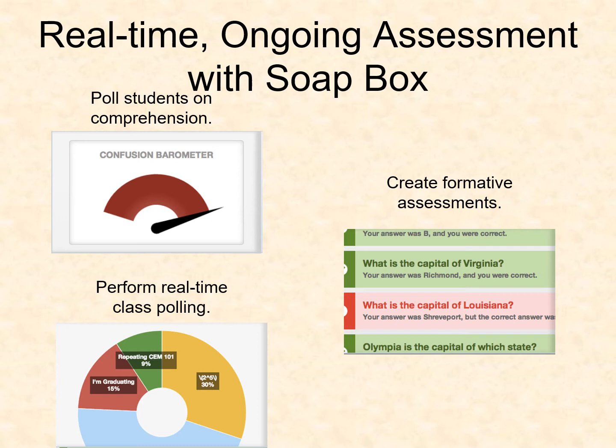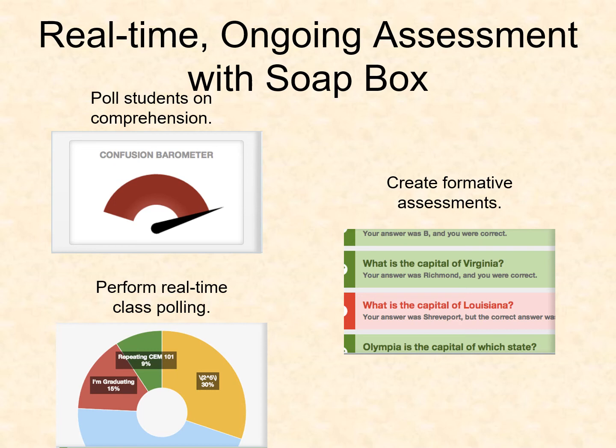On the low end, because all these things you could turn on and off in Soapbox, you could turn on the student confusion barometer. This is a real-time situation where the student gets to click one of two buttons, I'm okay, or I'm confused. And the total of students will show up on the teacher's screen.